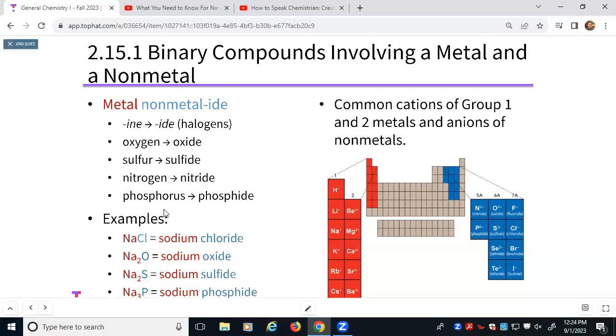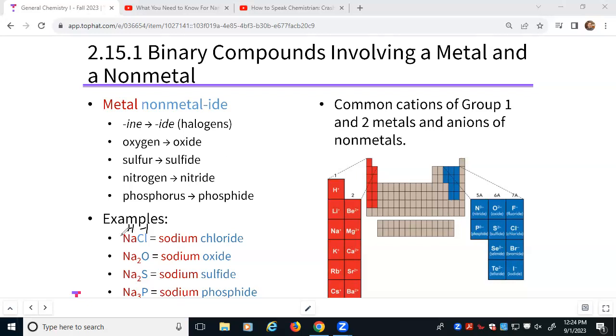If we're looking at this from a standpoint of charge, I can recognize that the sodium has a +1 charge and the chlorine has a -1 charge. Those two charges match up, and anytime the charges in an ionic compound match up, we're going to be dealing with a 1-to-1 ratio of those two ions.